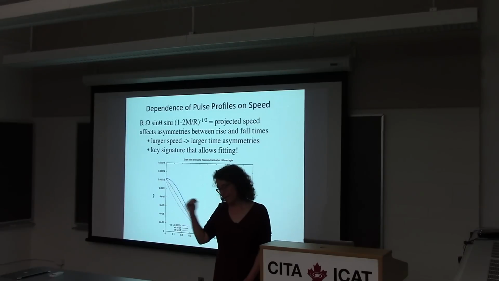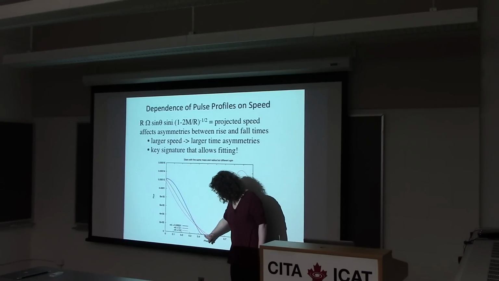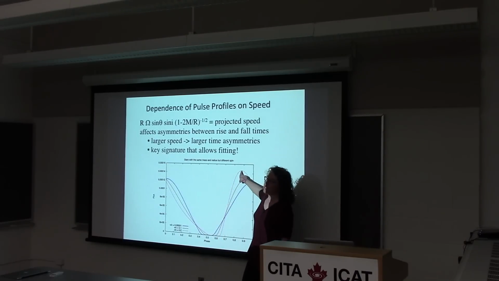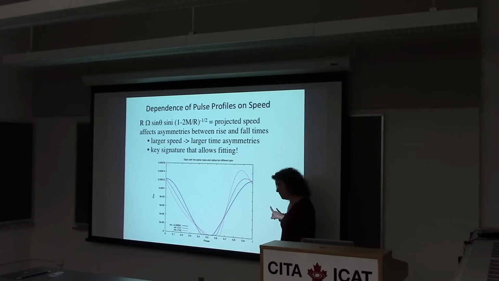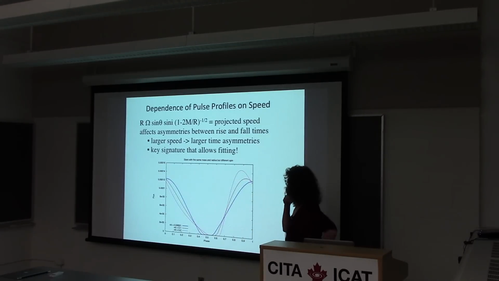And so when you have very rapid rotation, when it goes from eclipse, it has a very quick rise to its peak intensity, and then a slow fall off in phase. That gives you an asymmetry in time, in that there's less time to get to peak than to go from peak down to falling off.